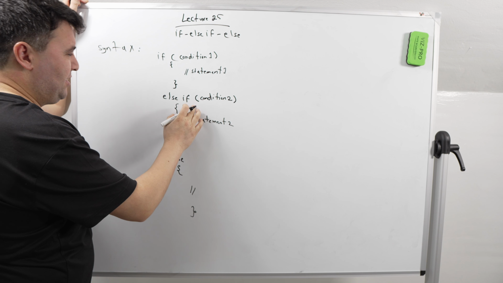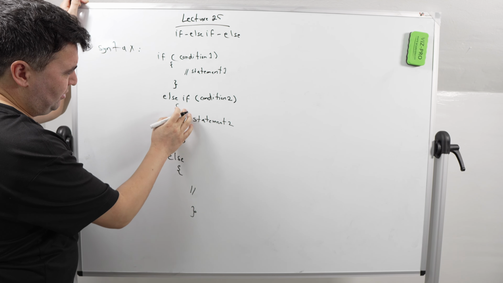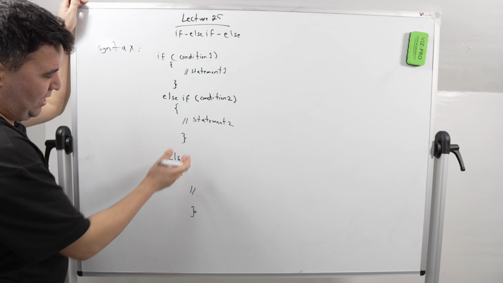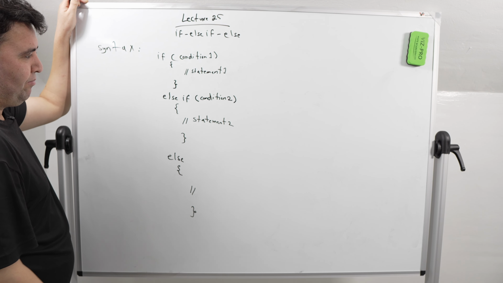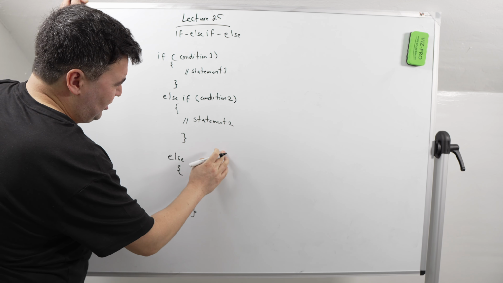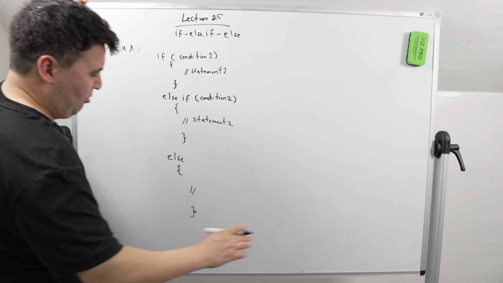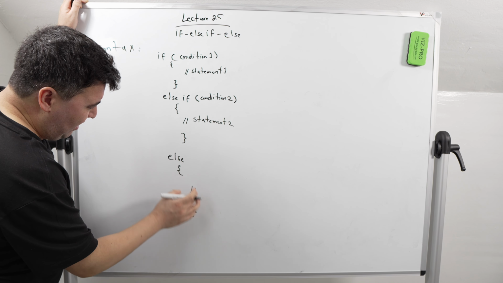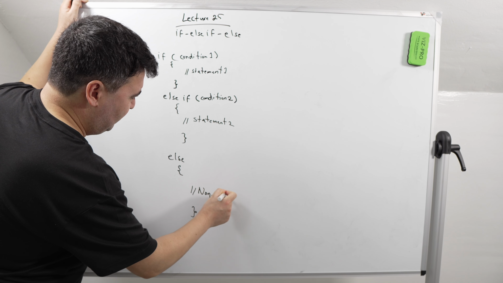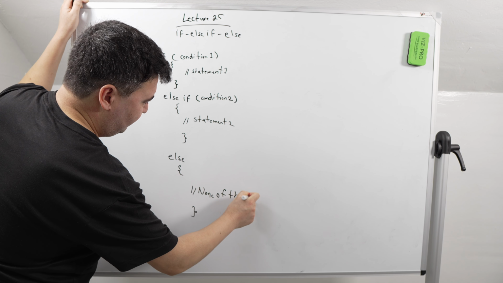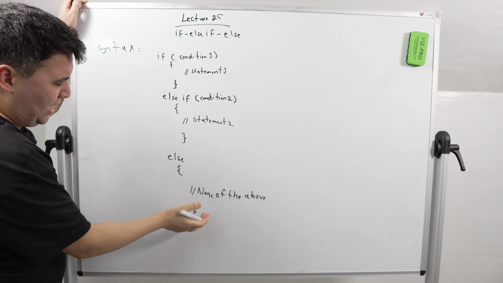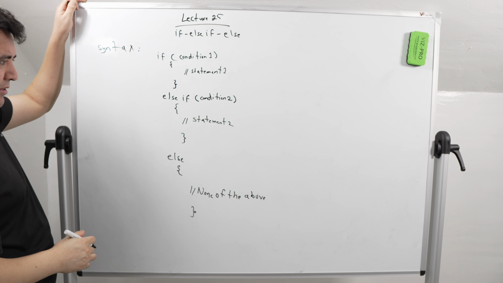If the second condition is true, this block will be executed, and the remaining else if or else blocks will not be executed. If we have more conditions, we can add another else if and check condition 3, condition 4, and condition 5. At the end we have else. If none of the above conditions are true, the else portion of the program will be executed.